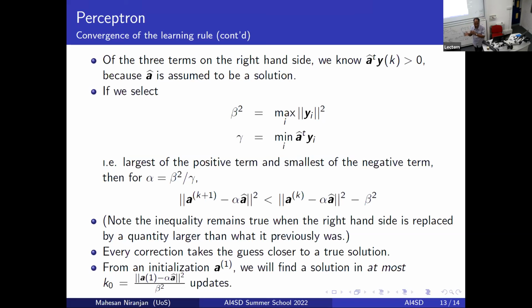Yeah. And in the worst case, how rapidly would I get there? Yeah. So you can derive results like from some initialization, look at the last line, some initialization, we will find a solution in at most this many updates. Yeah. And that's the nature of the beast in many different convergence proofs in the literature.